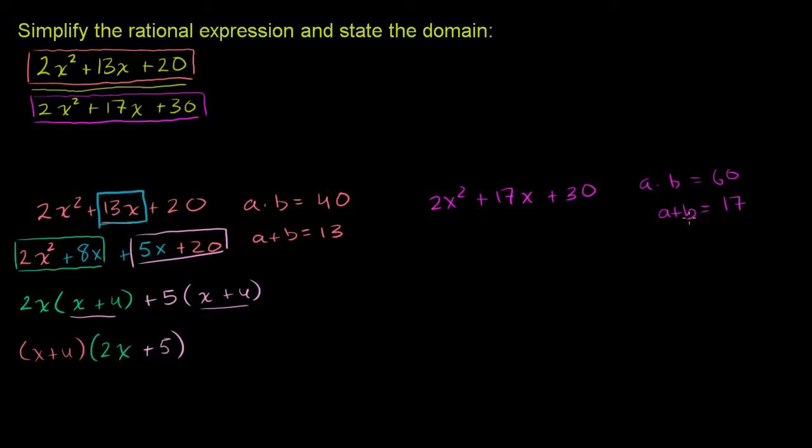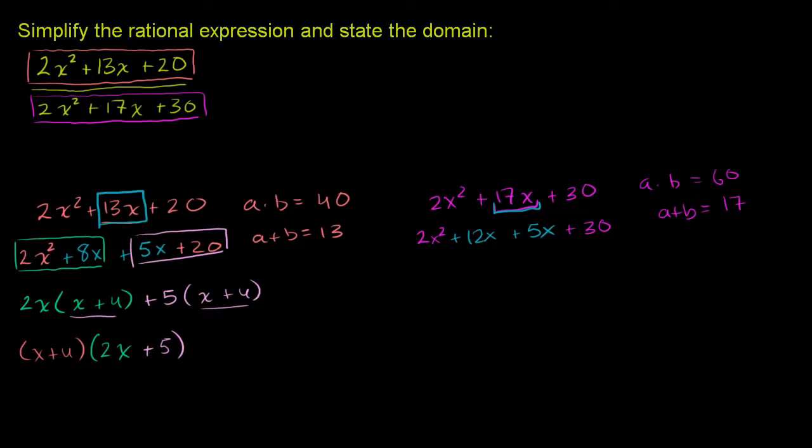Once again, 5 and 12 seem to work. So let's split the 17x into 12x plus 5x. That adds up to 17x, and when you multiply 12 times 5, you get 60. And then plus 30.